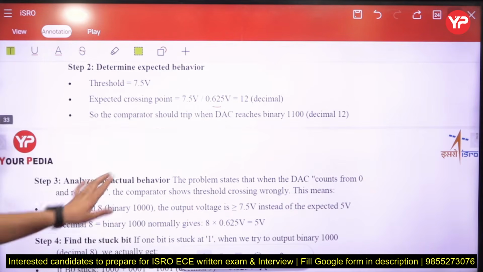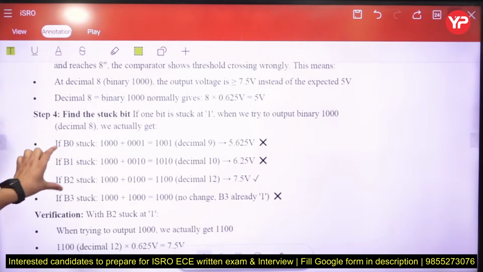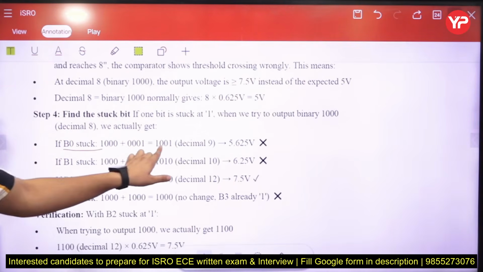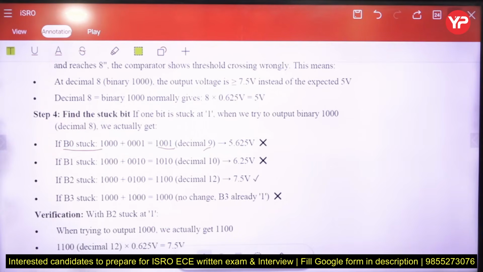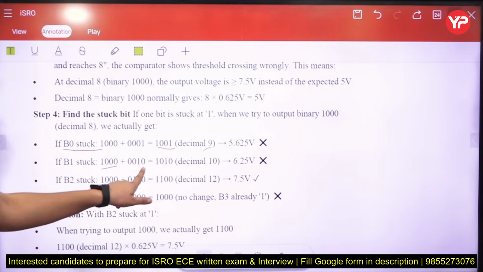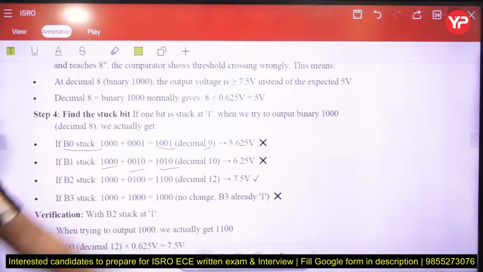So when you compare this one, that will be 1100. When you do all the calculation, B0 stuck when you have 1101, but that has a decimal equivalent of 9, that will not work. When you have 1100 plus this one, that will be 1010, means 10. Then you will go to 6.25, that will not be stuck.